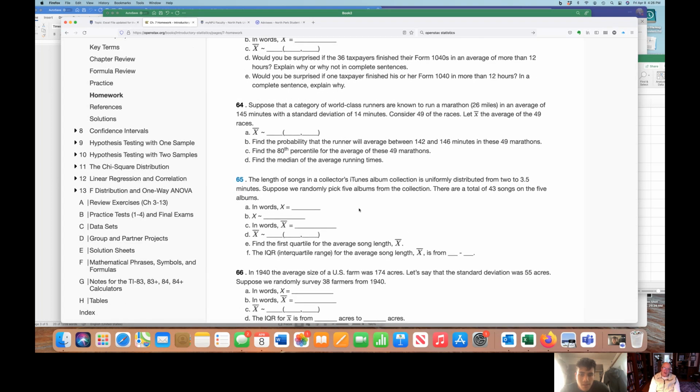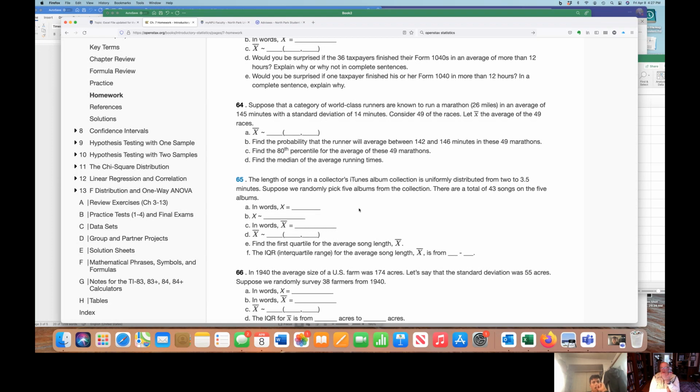It's really poorly worded. Is it the average of the world-class runners in 49 different marathons? I guess that's what we're talking about. Because this is the average of averages, right? This is kind of a very misleading problem, the way it's written. Suppose the category of world-class runners are known to run a marathon in an average of 145.